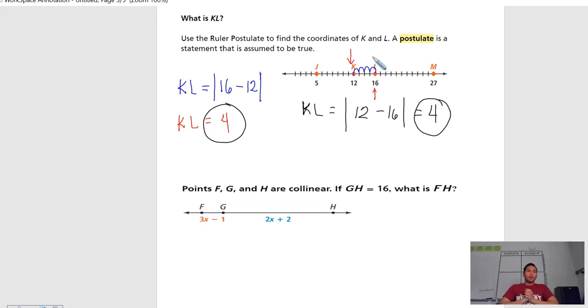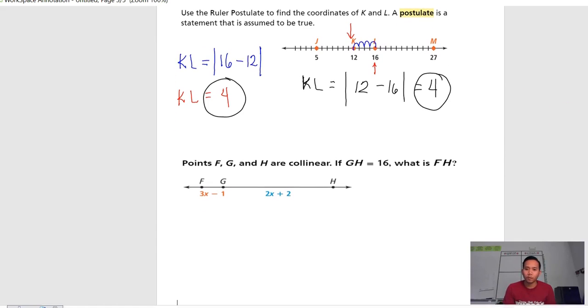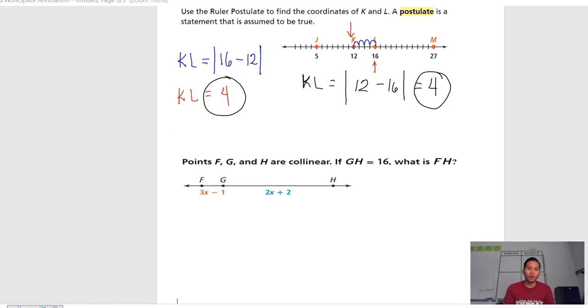Okay. Now, we are going to apply your algebra skills on finding a measurement of a given segment. On this second example, we have points F, G, and H are collinear. Again, when we say collinear, they are on the same line.